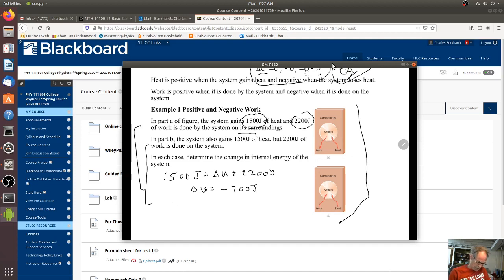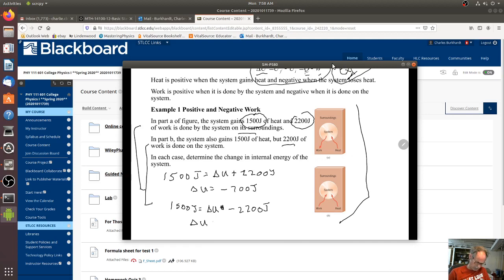So 1,500 joules, Q, is equal to delta U minus W. It's 2,200 joules of work done on the system. That's negative for us. That would be positive for a chemist. Anyway, what happens to this system?